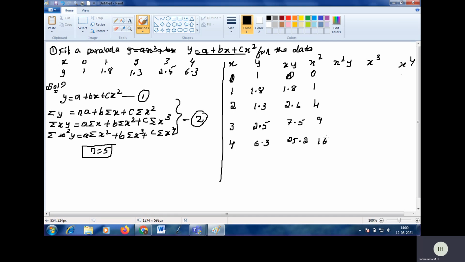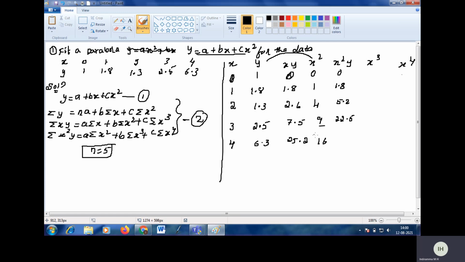Right. So next we have to calculate x square y. So x square y means we have to multiply these two. 0 into 1 is 0. Next 1 into 1.8 is 1.8. 1.3 into 4, that is 5.2. Next 9 into 2.5, that is 22.5.